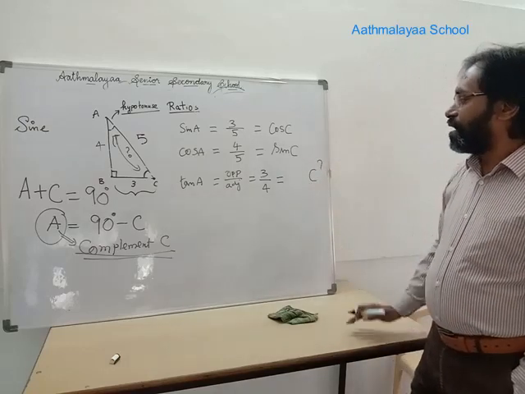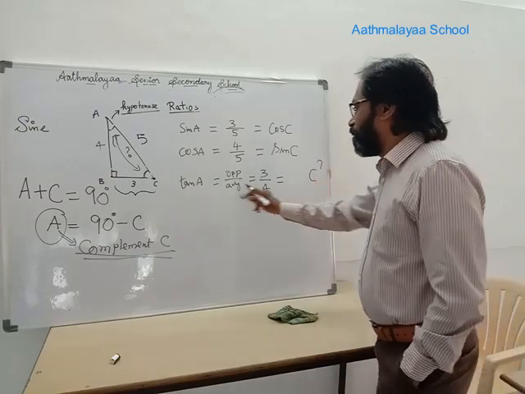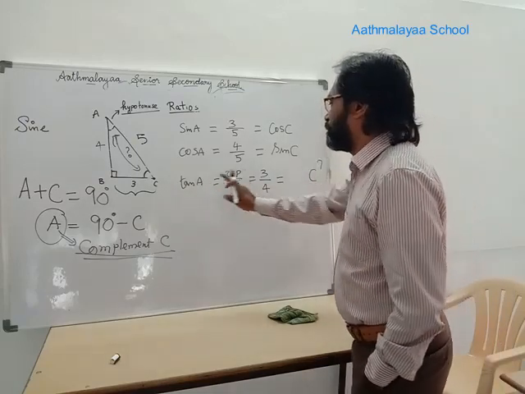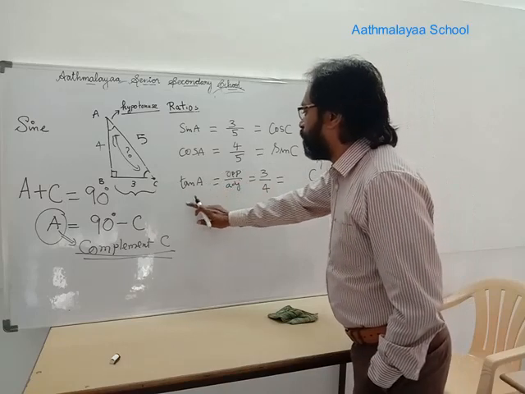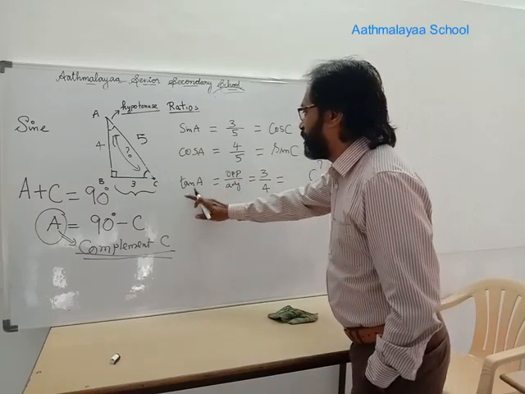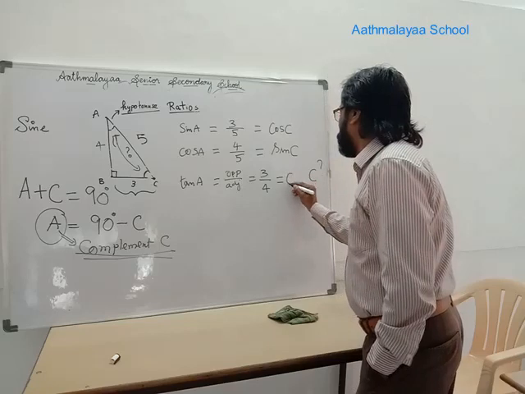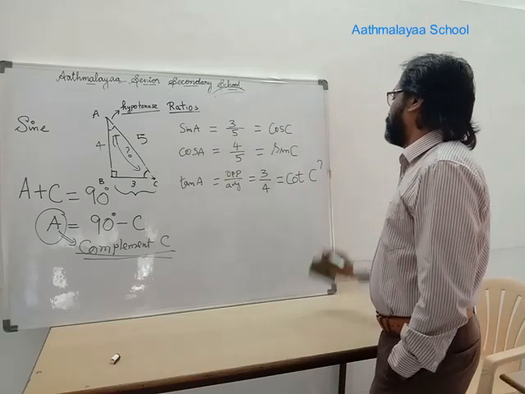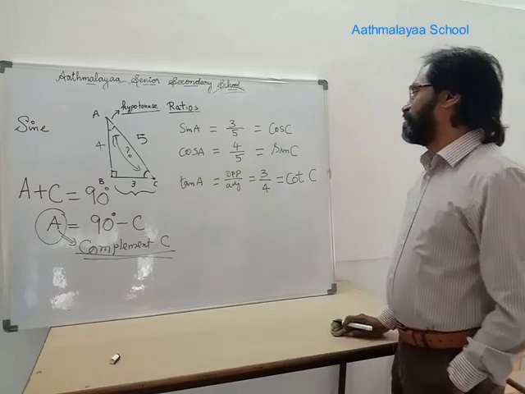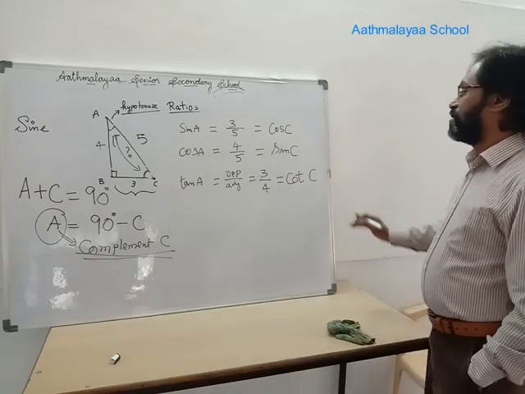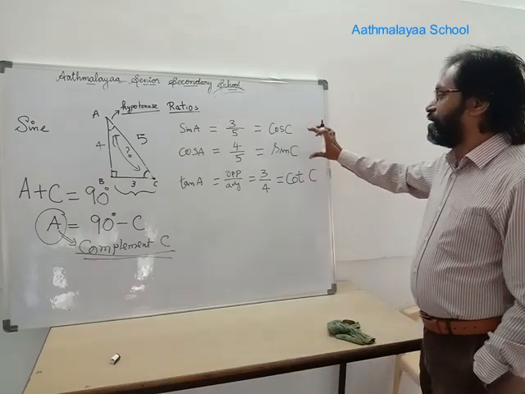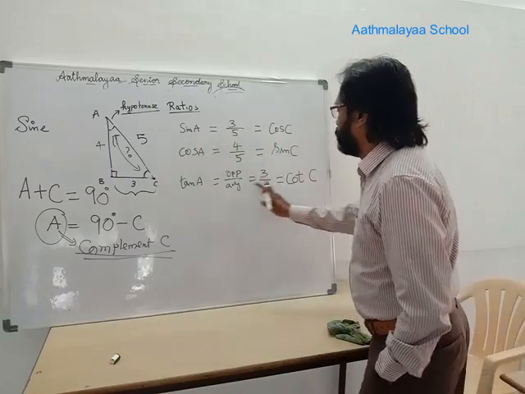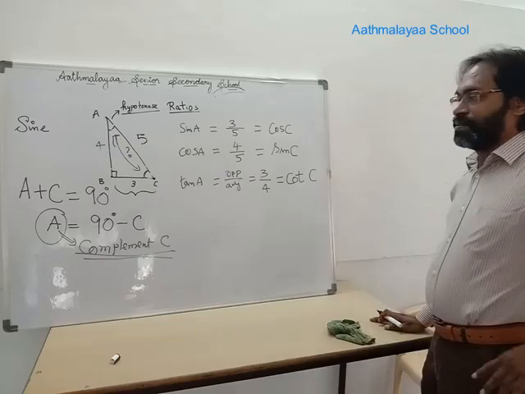C is actually the complement of angle A, we know that. So complement tan, otherwise cotan, therefore we refer to the value as cotangent, otherwise cot C. Okay. So now I have given 1, 2, 3, 4, 5, 6 ratios.